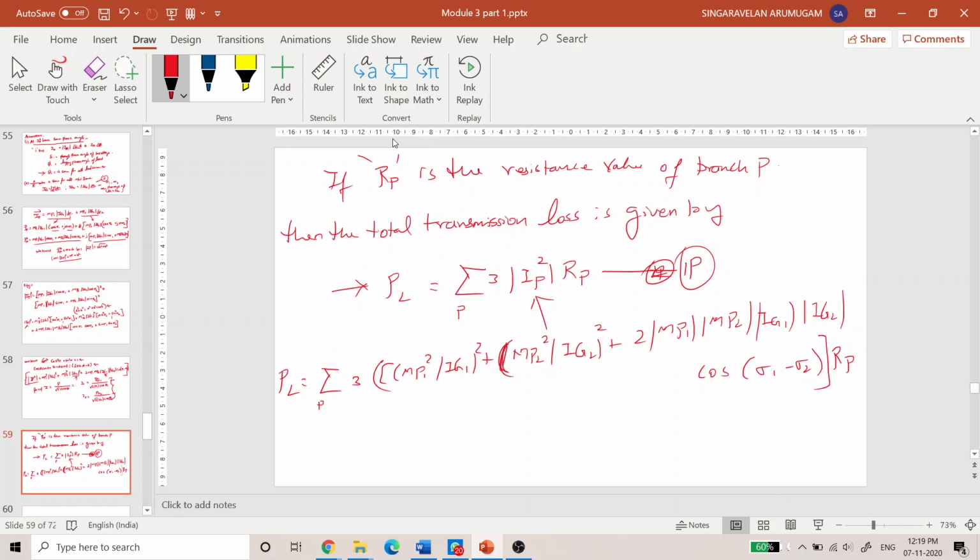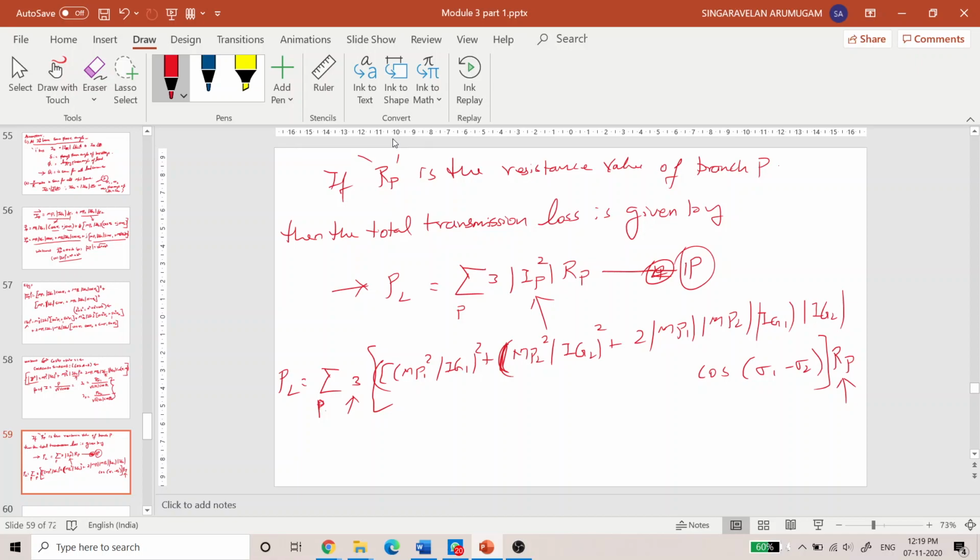So from here to here is nothing but IP square, and then we multiplied this with RP, and also we multiplied with this 3 for all the powers generated in the entire system. So this is the summation of all the generated, not only for I1 and I2. So this is a total, okay.